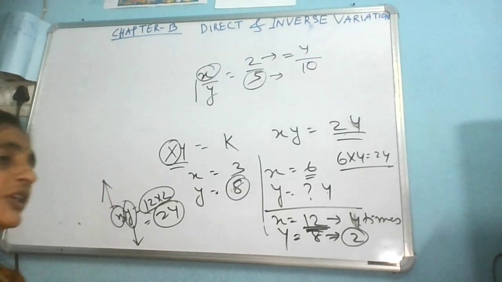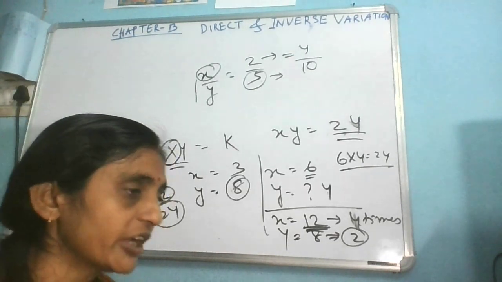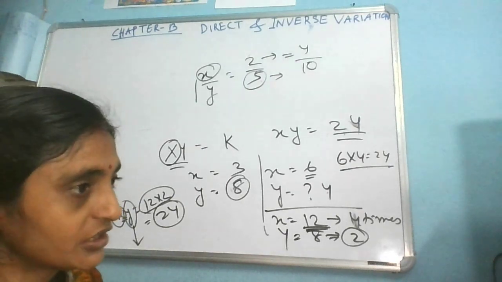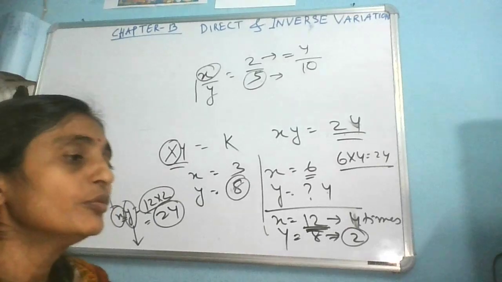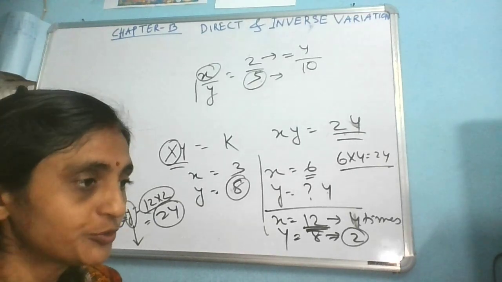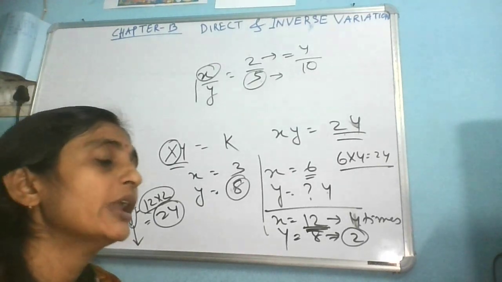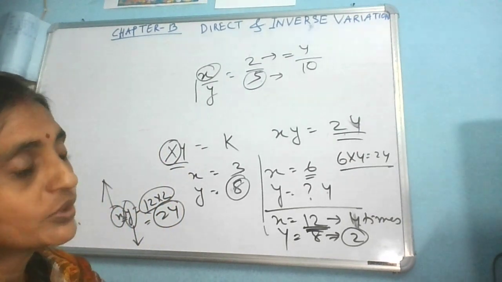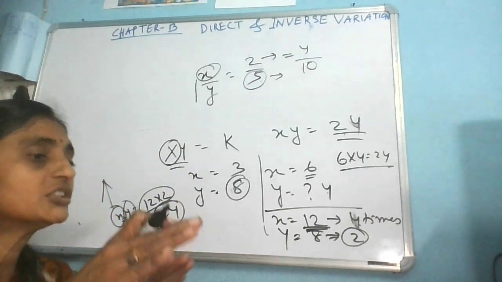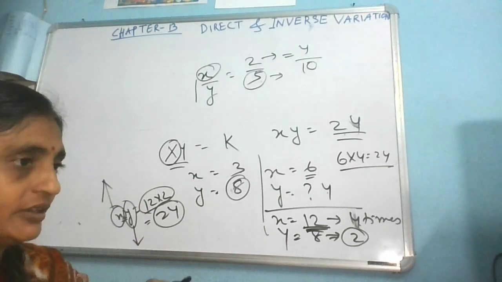Now if some questions are given, how can you identify which one is direct and which one is inverse? The easiest way is first observation. If the number of articles is increasing and the cost is also increasing, that means both things are increasing simultaneously.